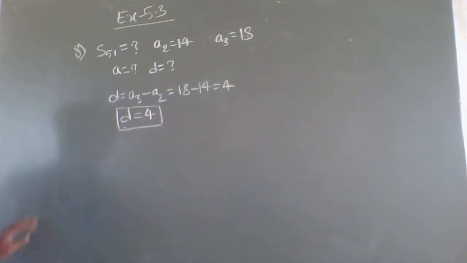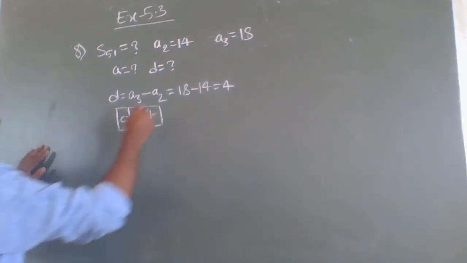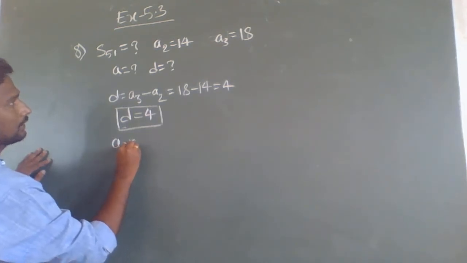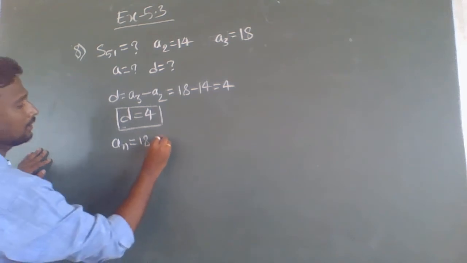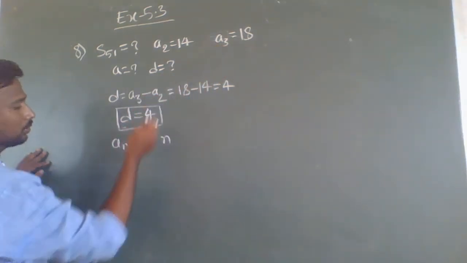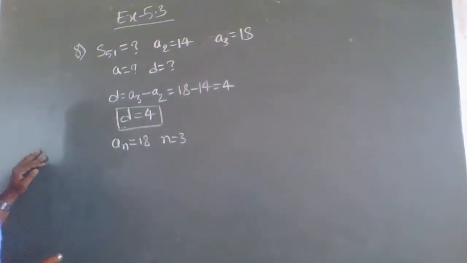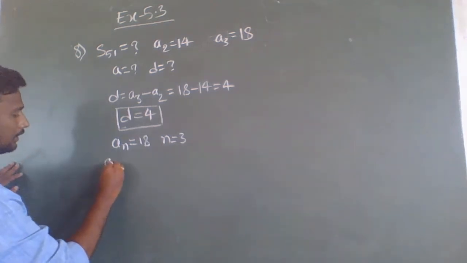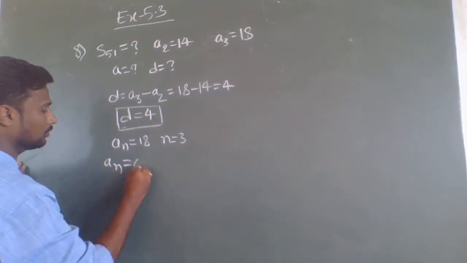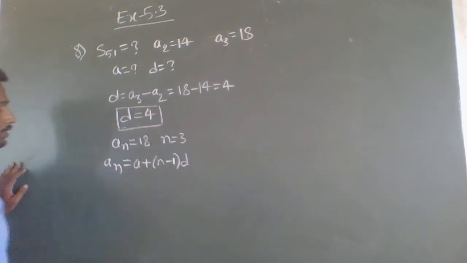Now to calculate the a value, I will consider this A3 as the an value. If A3 is considered as an, then an is 18 and n is equal to 3. Now I will calculate the a value by using the formula an is equal to a plus n minus 1 into d.